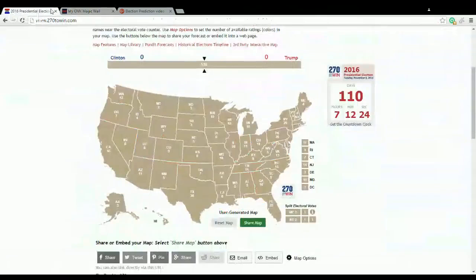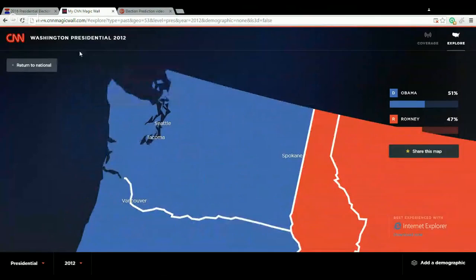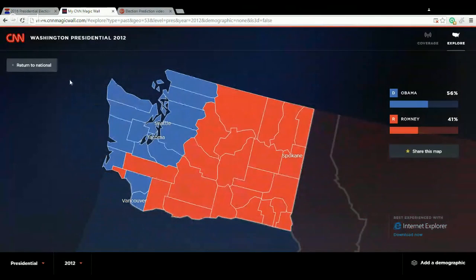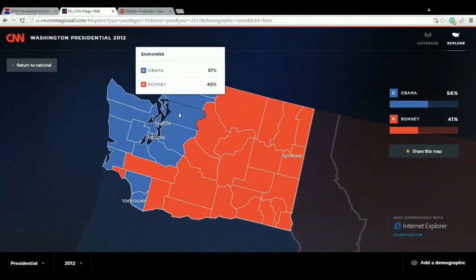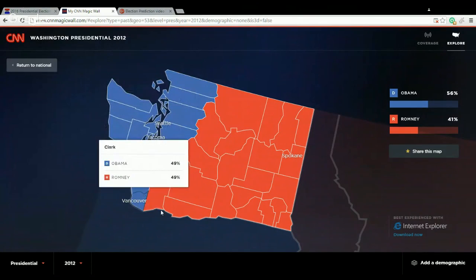So let's get started here, and we're going to start up here in Washington. Let's just analyze this just a bit. This is the Washington presidential election of 2012. And this is how the elections always turn out. Right here is the big population area. Just these counties along here, including Seattle, Tacoma, and down south around Vancouver, Washington.